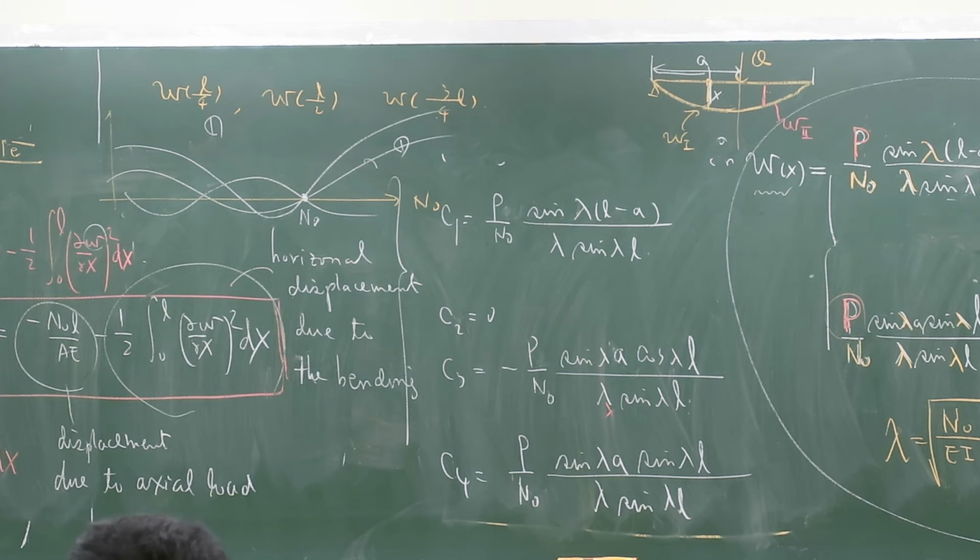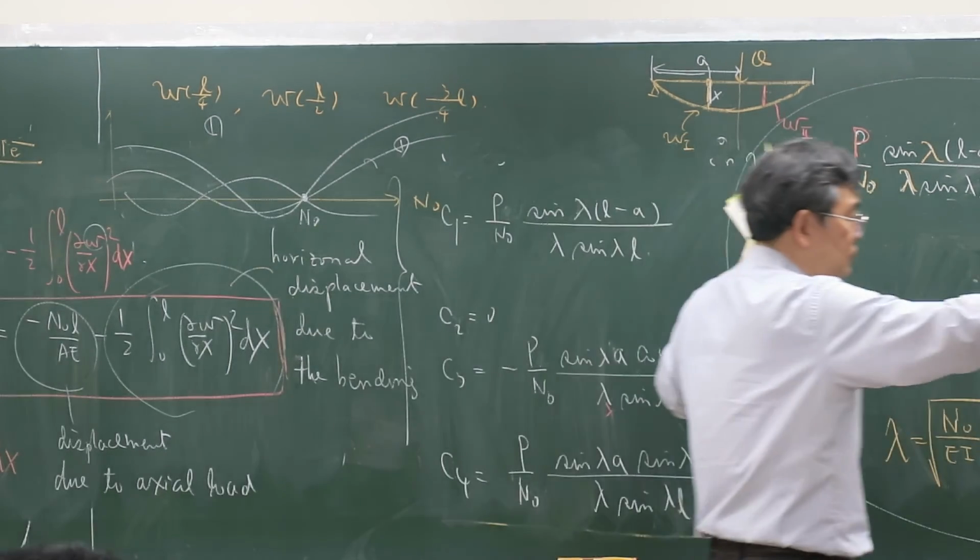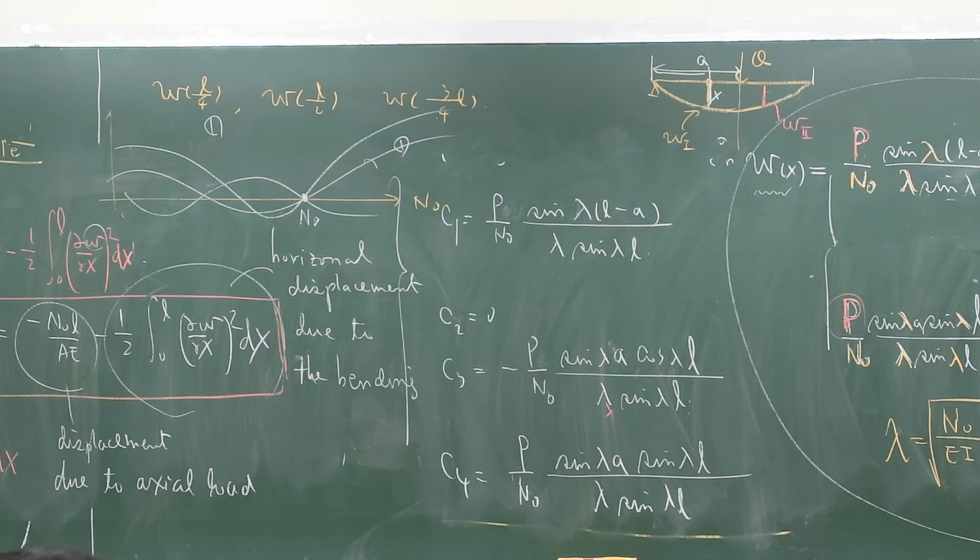Okay, I think that's for today. And next Thursday, I will continue. So we'll have another three-moment equation. I'll show you. All right. So after this, I think we are going to do a beam with axial force on elastic foundation.